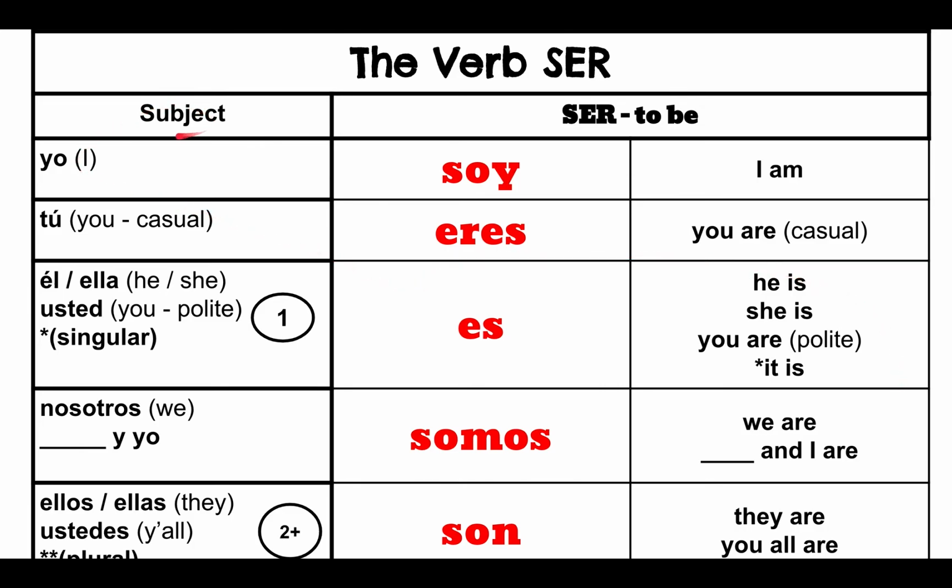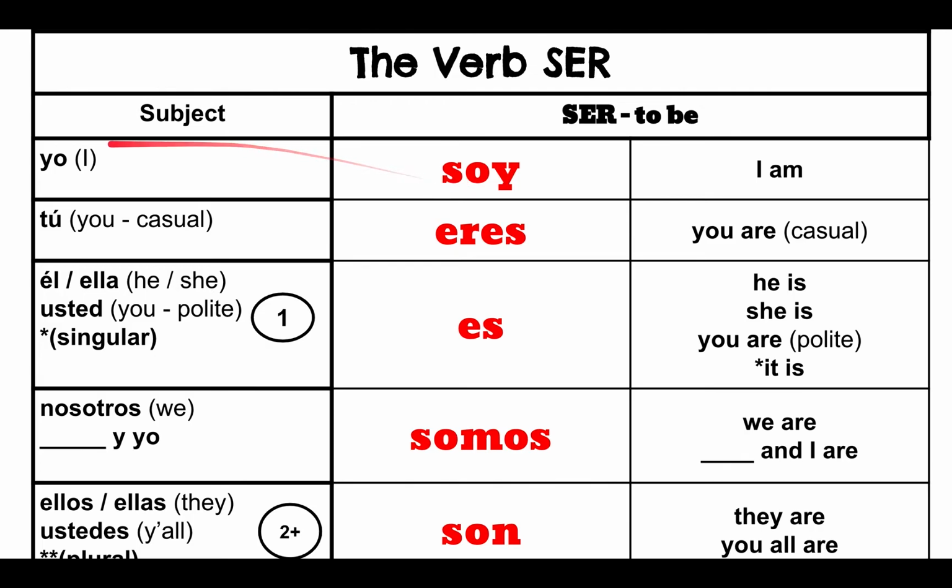If your subject is yo, you're talking about yourself, soy means I am. If you're talking to a friend, a casual person that you are comfortable with, you would say eres. What's nice about Spanish is you don't have to say I in front of soy.